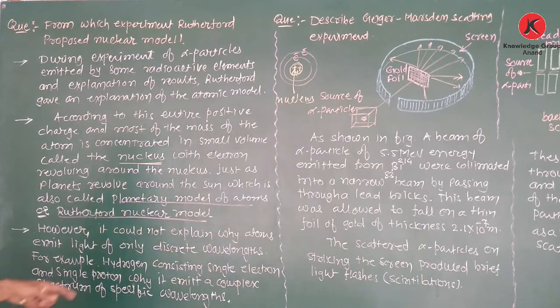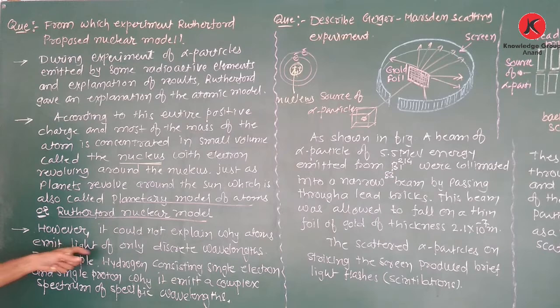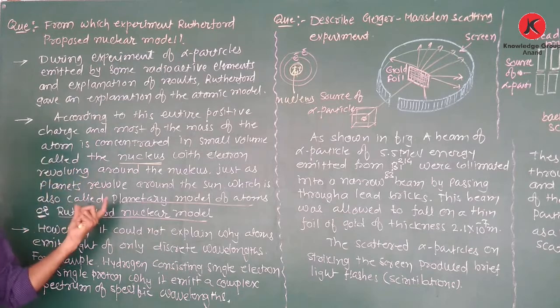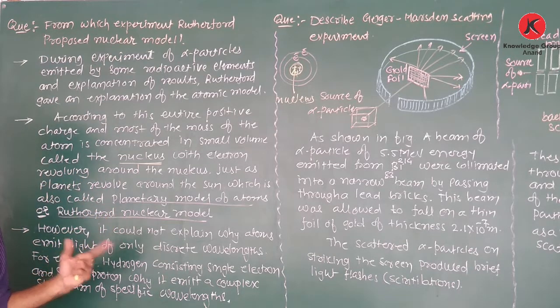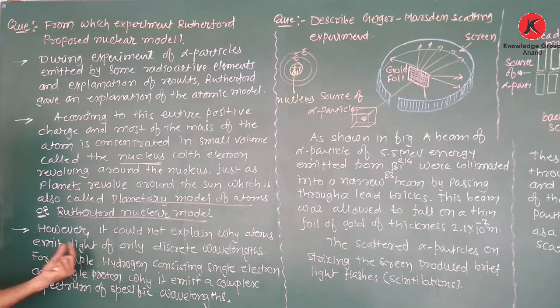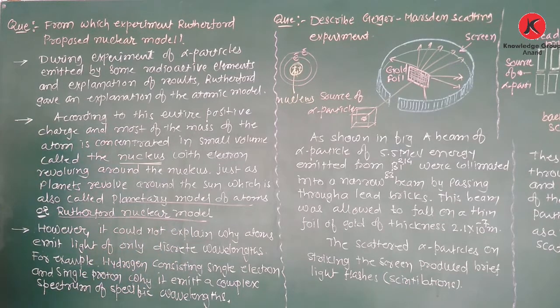However, this model could not explain why atoms emit light of only discrete wavelengths. The model suggested by Rutherford is not complete, so it cannot explain why atoms emit light of only discrete wavelengths.